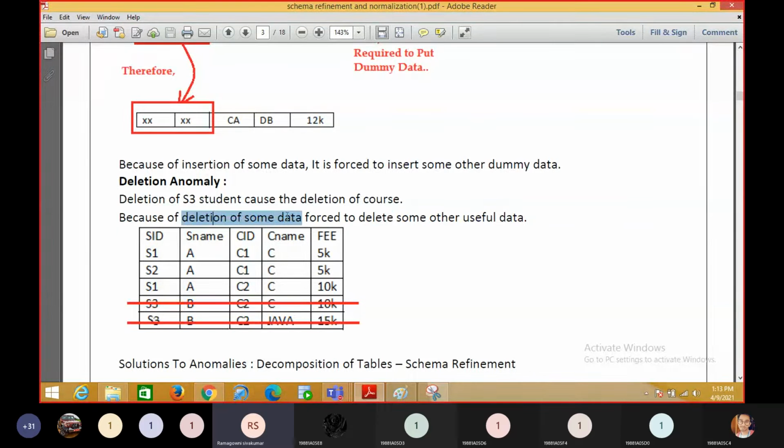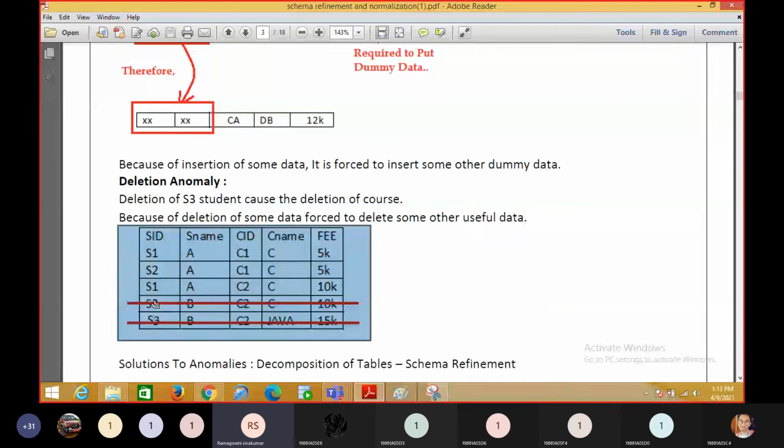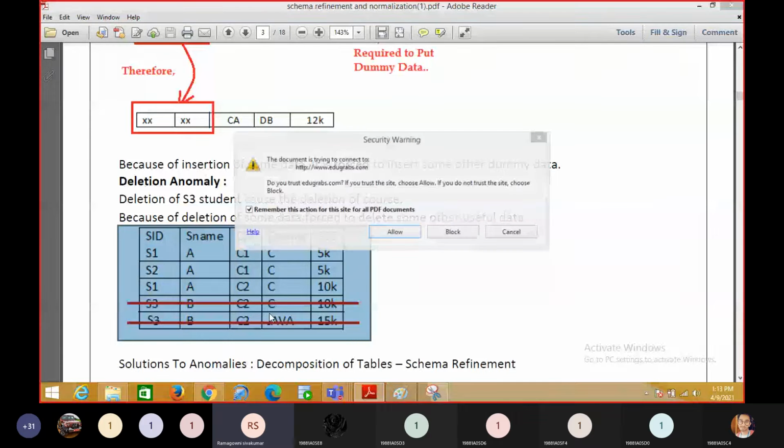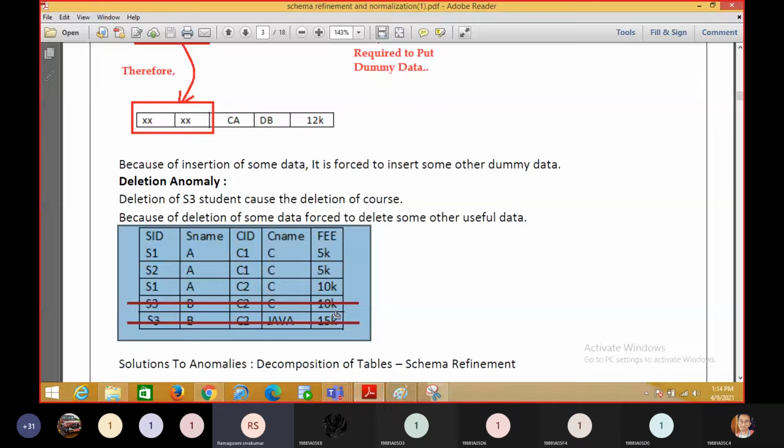Because of deletion of some data, we are forced to delete some other useful data. Understanding? If you delete the student information here, the course information is also deleted. That's what deletion anomaly is. Some useful information we are losing here.